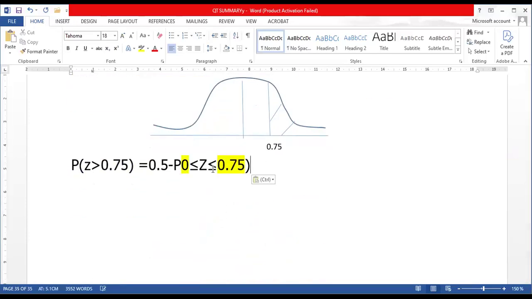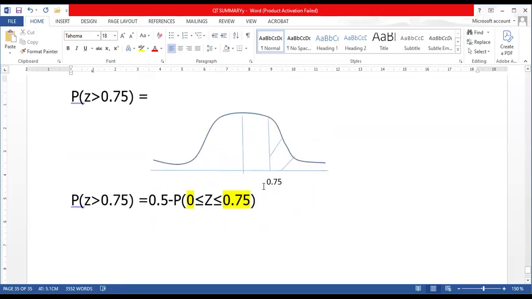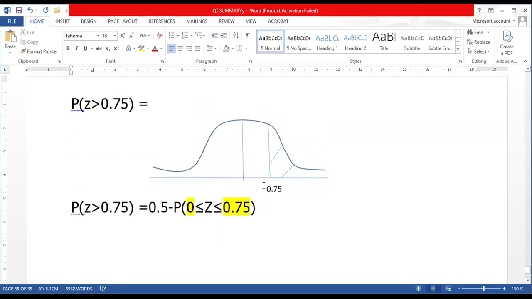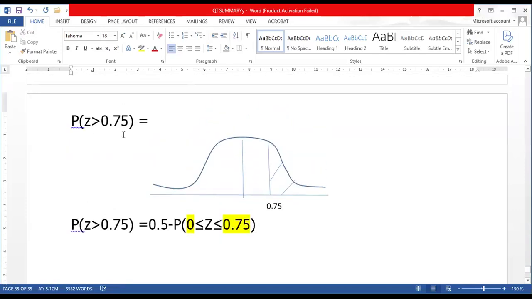It all depends on what you are looking for and which side you are interested in. Don't cram. Just sketch the curve, it can help you to know.